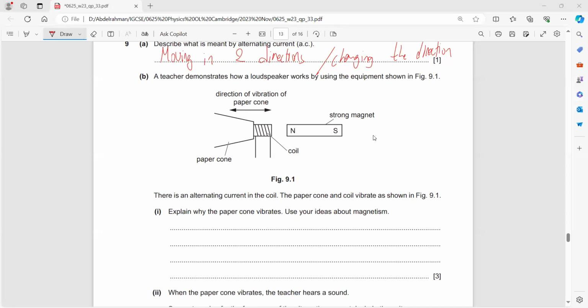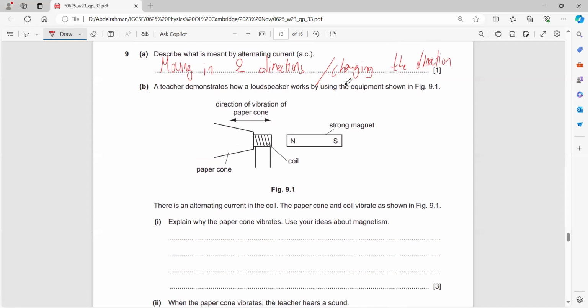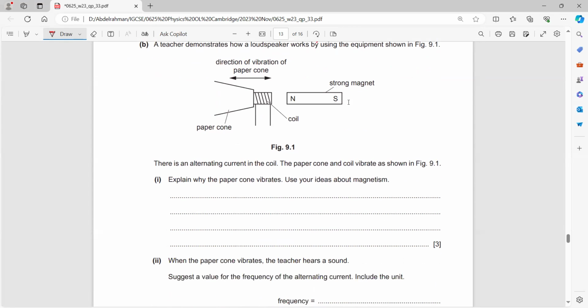It attracts, then repels, attracts and repels. Why does it keep on attracting and repelling? Because it was an alternating current. Right. Because it was a changing current. And this changing current, okay, look, I can write it down as part of the answer.